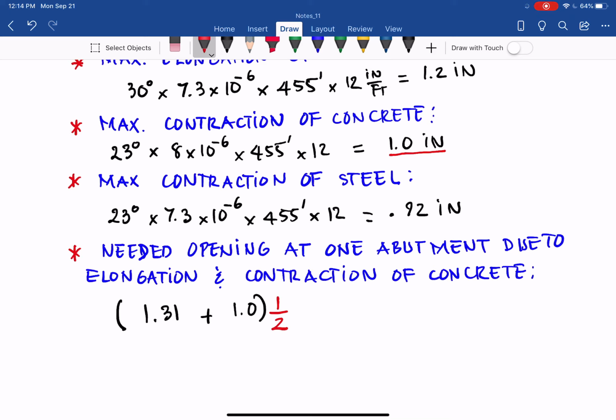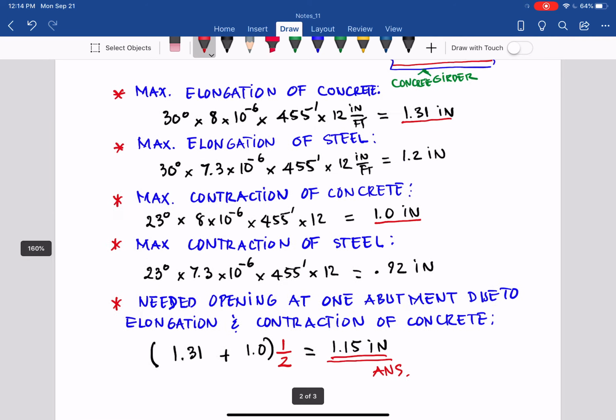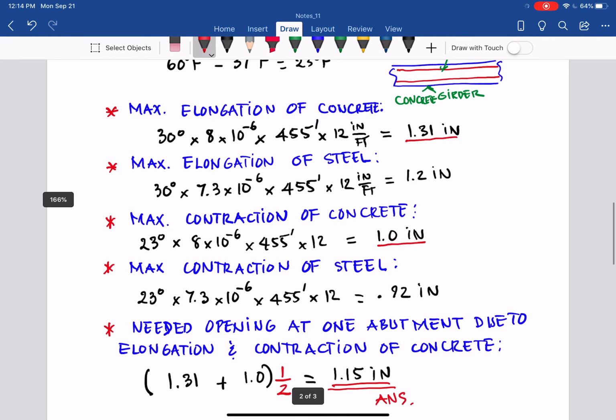Total opening of contraction and elongation, we divide by 2. From that we get 1.15 inch, and that should be the minimum requirement during construction of this bridge.